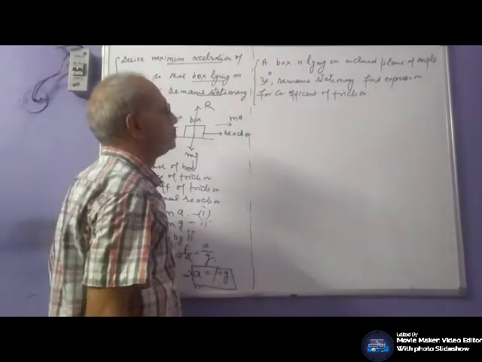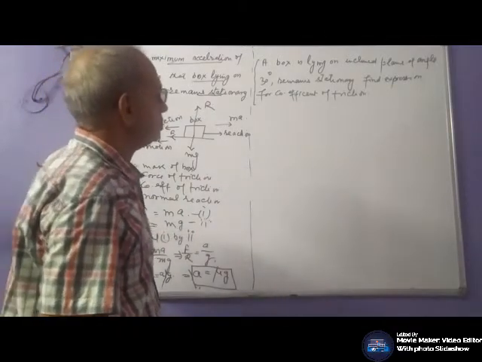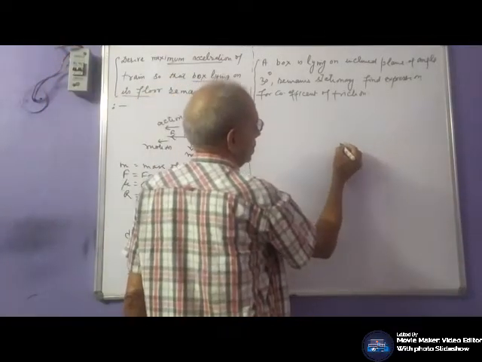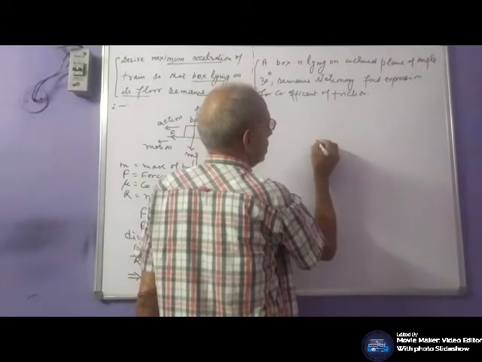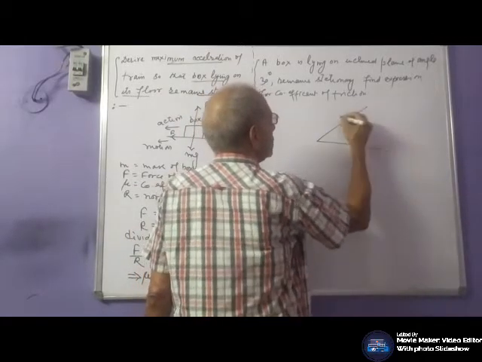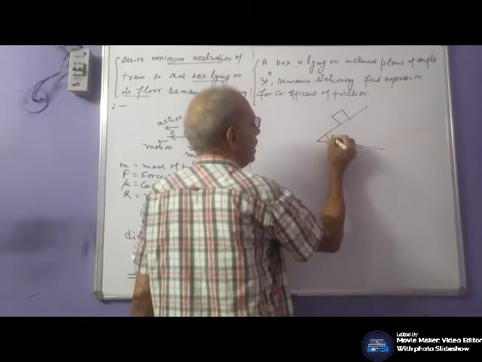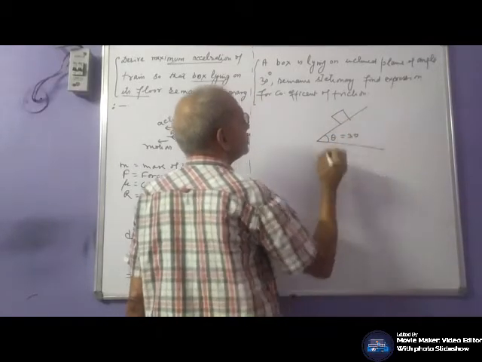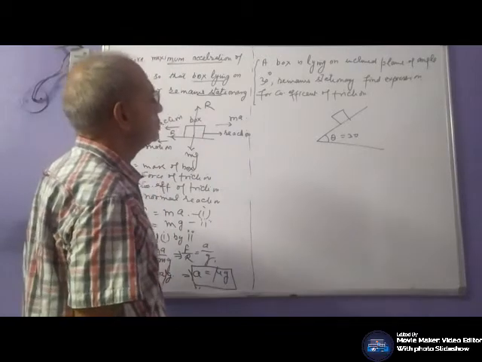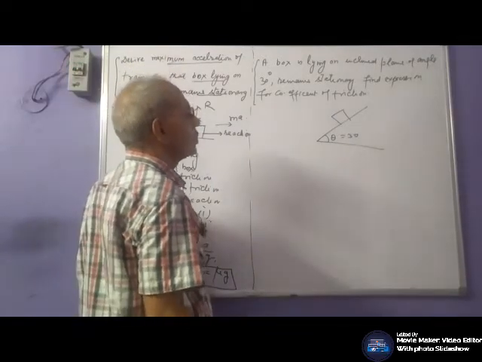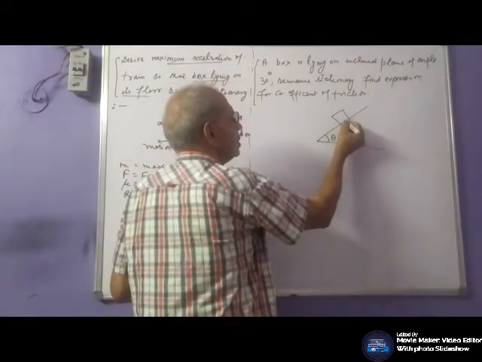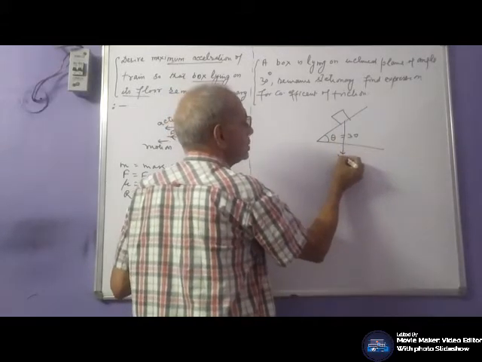Another problem. This is the box. This is the inclined plane. So here what is this?